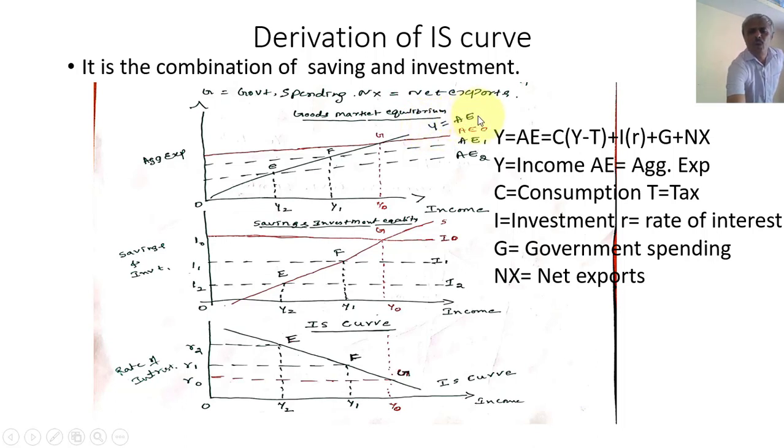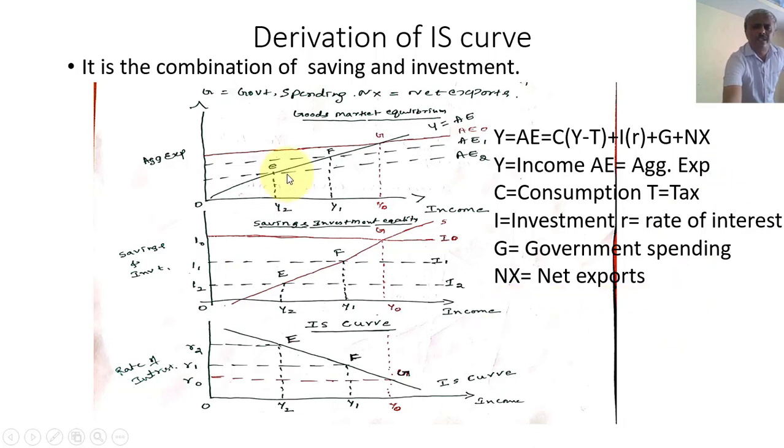To understand here, Y is equal to income is equal to expenditure, that is AA, that is aggregate expenditure, which is equal to C, that is the consumption function, open the bracket, Y minus T, that is disposable income, close the bracket, plus I, that is investment, open the bracket, that is r, the rate of interest, plus G, government services, plus net export, that is being explained as NX.